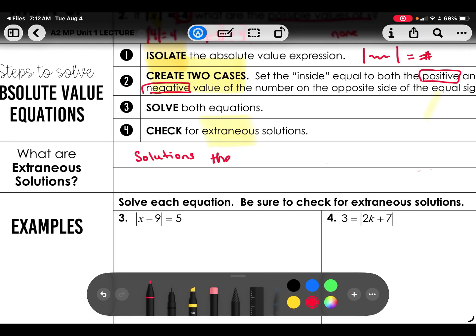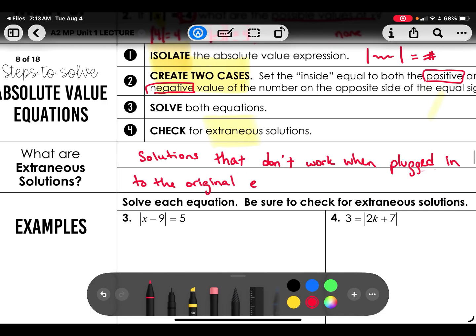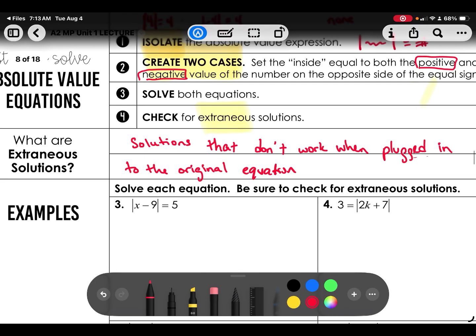So solutions that don't work when they're plugged into the original equation. So it's like checking your work to make sure it works. And you would think, well, gosh, I did all the math right. Why wouldn't it work? Well, sometimes with this creating the 2 cases, it doesn't work out right.